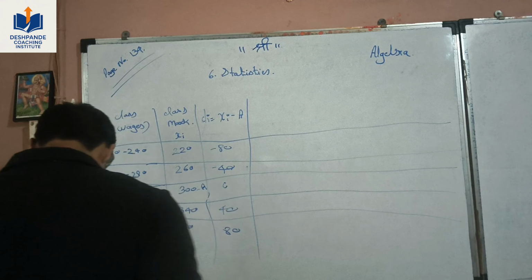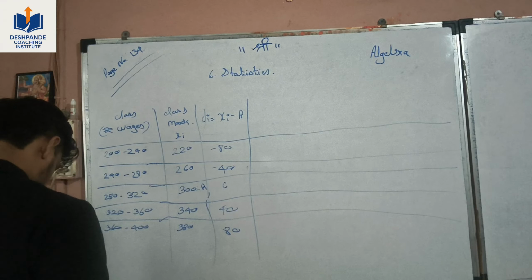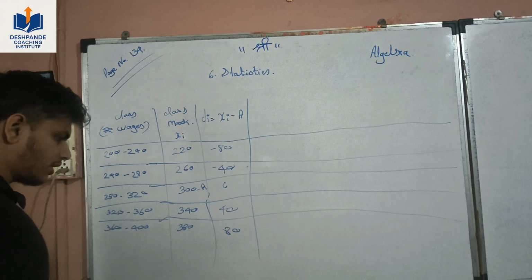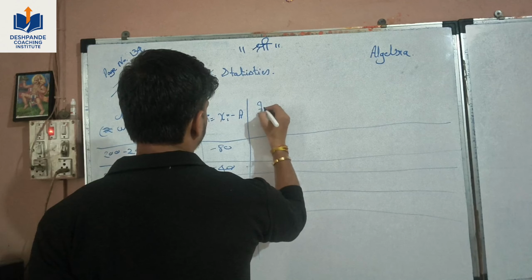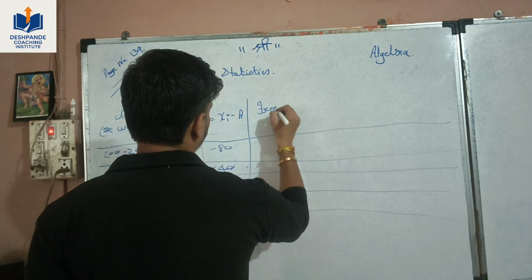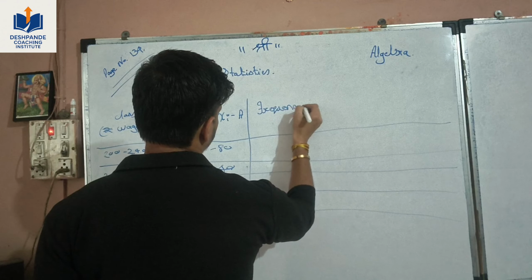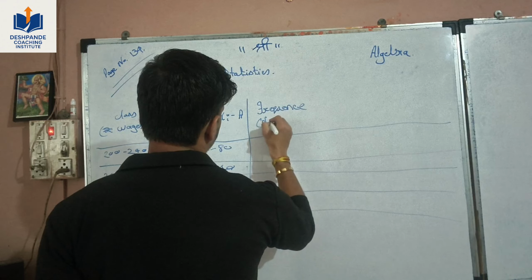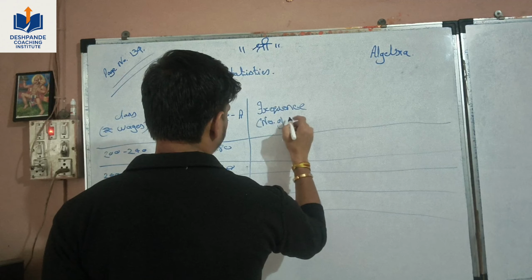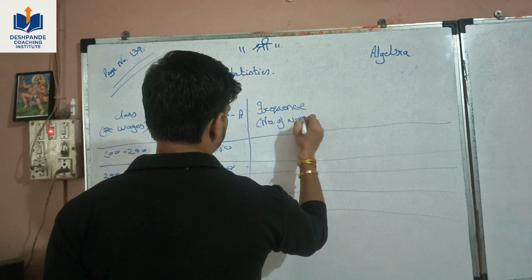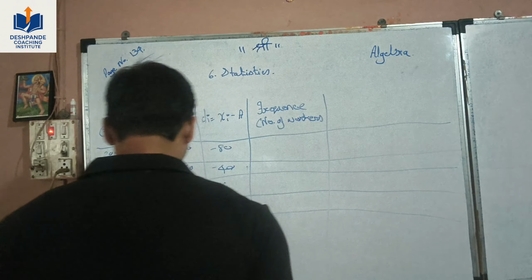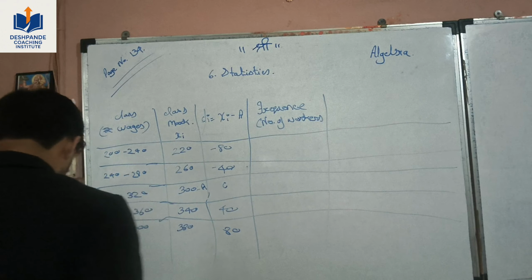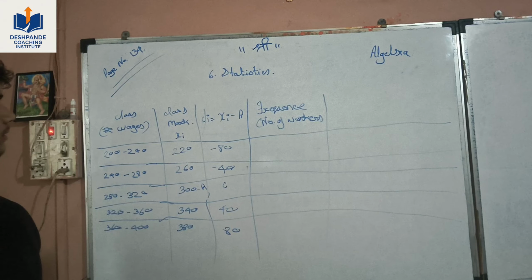So what is the next step? Next step is, in the question you have given the frequency, that is number of workers. We have to write the number of workers. So frequency, in bracket number of workers. Just forgive me for my handwriting because I am not good at the boards.